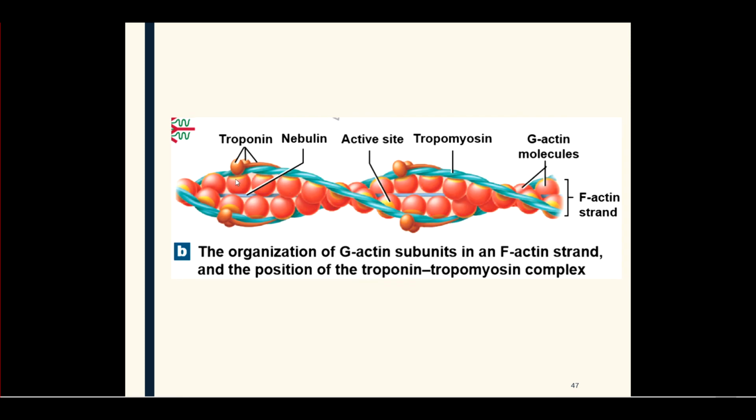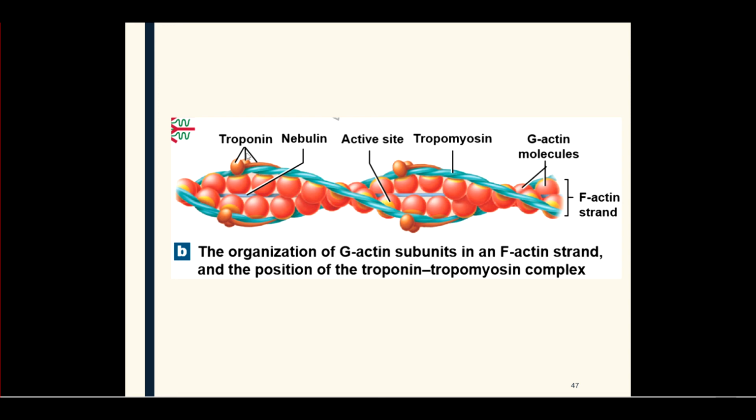If you notice, guys, it's covering all of the yellow areas right here. So if this braided strand is covering all of the yellow areas, that means the active sites cannot interact with myosin. And this muscle fiber then would be in a relaxed state. There's no contraction taking place. All right, so that braided strand right there is tropomyosin.